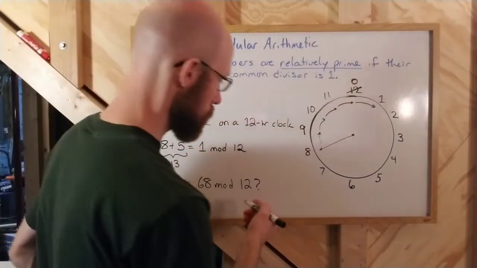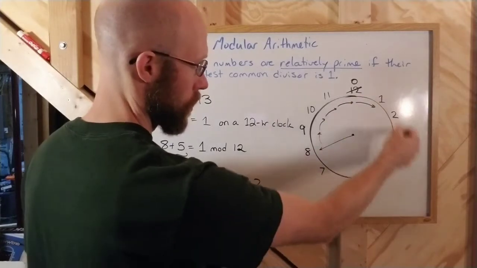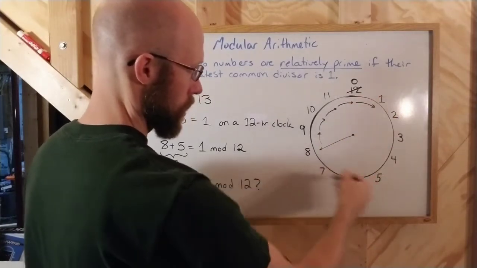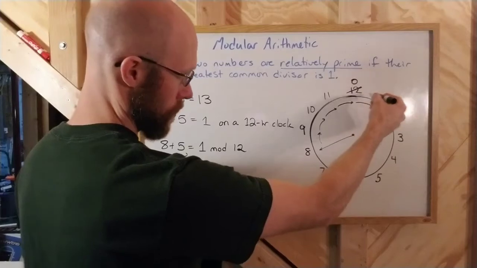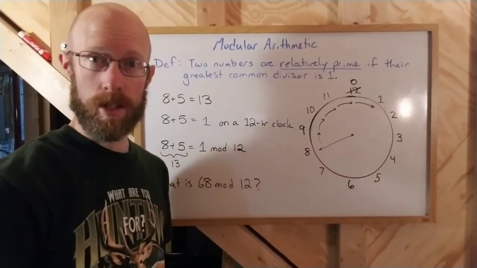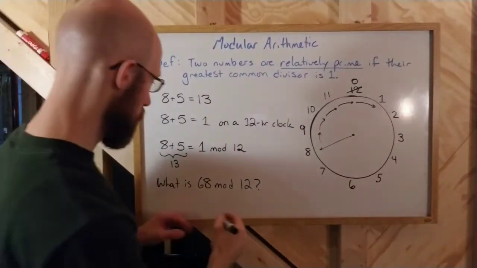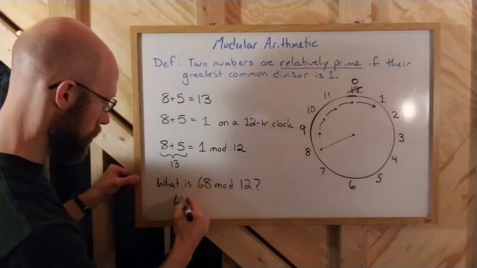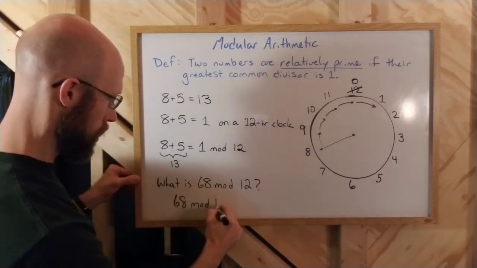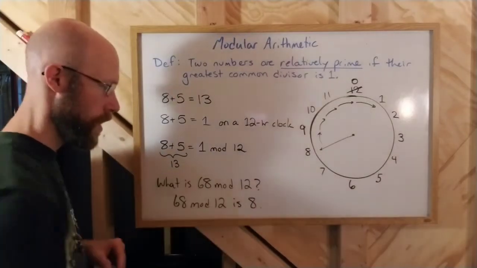So you could take out 60, so you get 12, 24, 36, 48, 60, and then you go around 8. 1, 2, 3, 4, 5, 6, 7, 8. And that would get you to 68, right? So 8 o'clock would be the answer to that. So 68 mod 12 is 8. Okay?